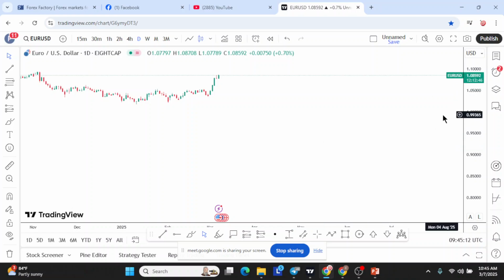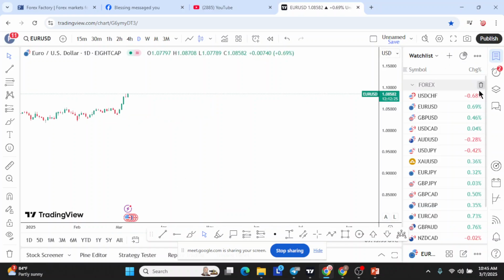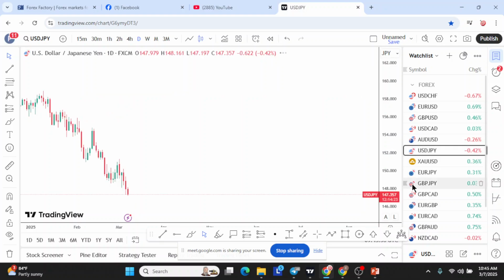Any other currency pair that does not have the JPY in its pairing, the way we have just calculated and interpreted from that tool is how you are going to calculate. But when it comes to JPY, the case is different.